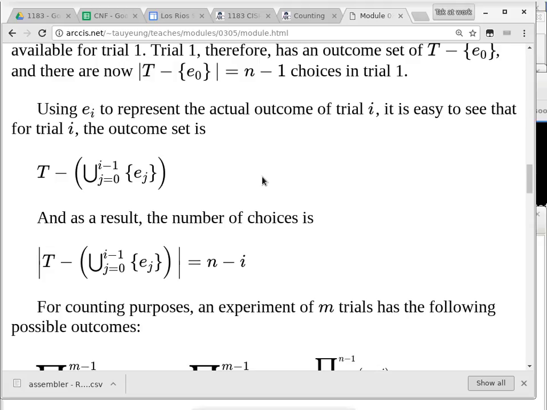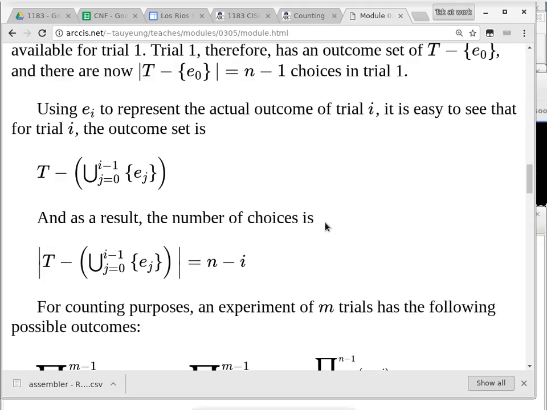It is really just the cardinality of T minus the union of all the elements used in the earlier trials, which is really just n minus I. Is that okay? So for trial 0, we get n choices. For trial 1, we have n minus 1 choices. For trial 2, we have n minus 2 choices, and so on and so forth. That seems to make sense, right?